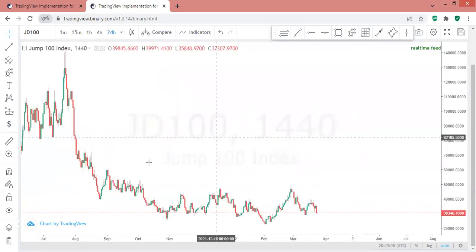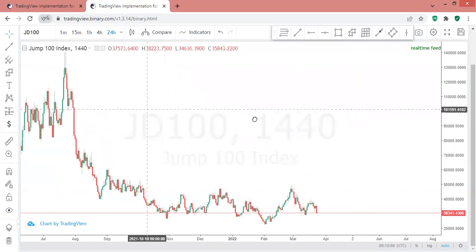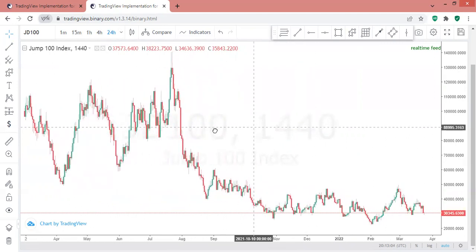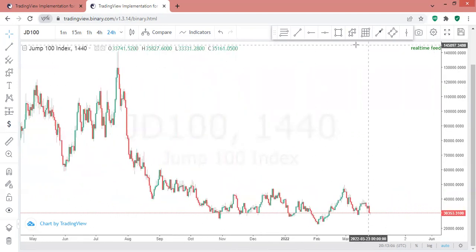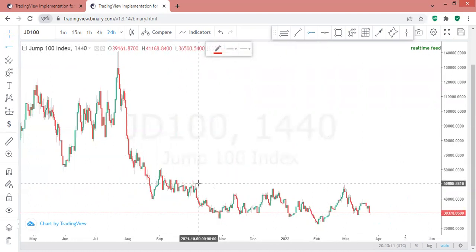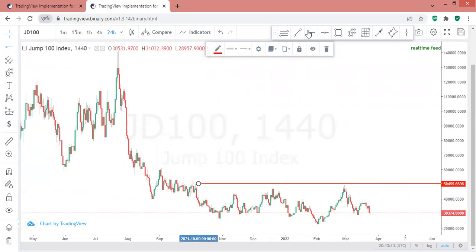We are actually having some kind of consolidation. This is a sideways movement. Just moving sideways, not really giving a very clean, clear direction.